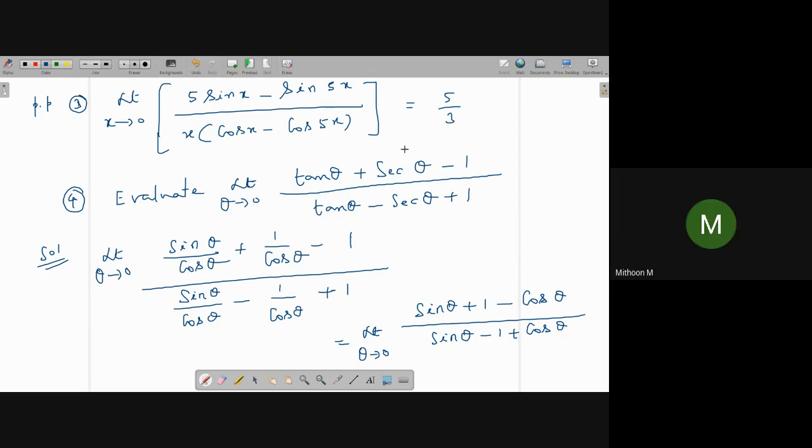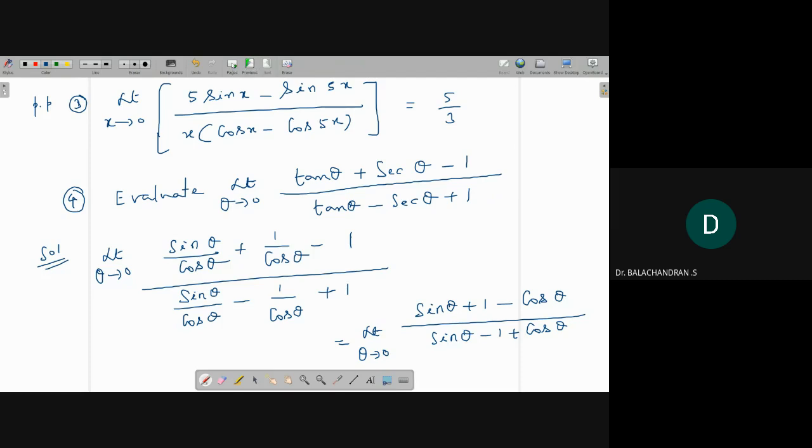I need to write 1 by cos only. So it is better to write in terms of sine and cos. In some problems I use tan theta expansion, but it is very rare.